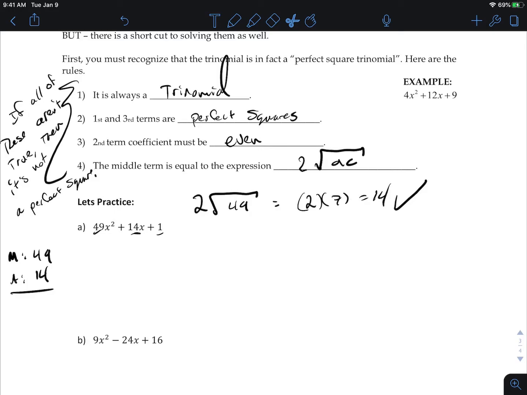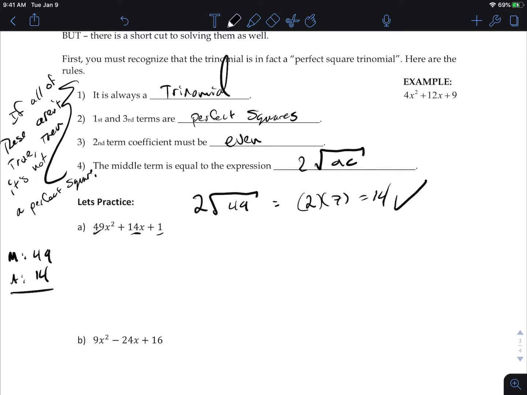So I've got to come up with the two numbers that satisfy the condition. I can go 1 times 49, never going to add to 14. 2 doesn't go into 49. 3 doesn't go into 49. 4 doesn't go into 49. 5 doesn't go into 49. 6 doesn't. 7. 7 times what gives me 49? 7.